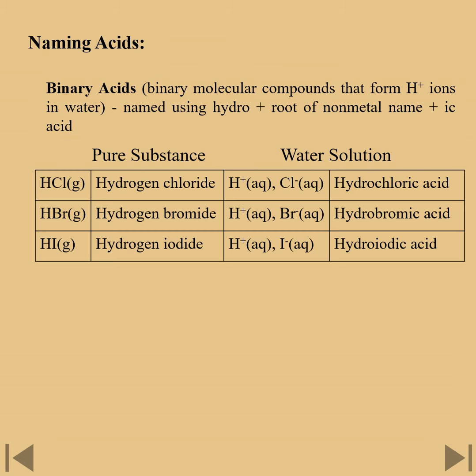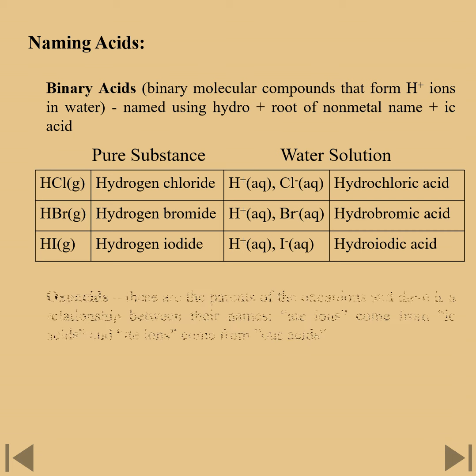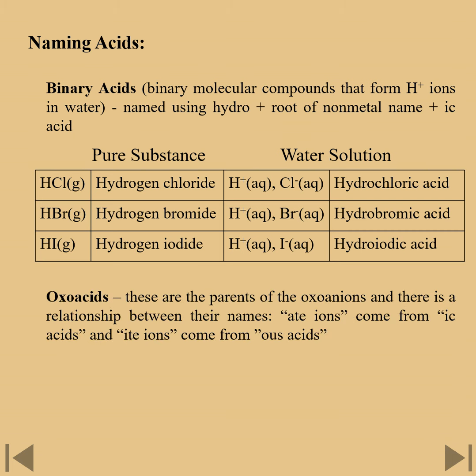Then we have oxoacids, and these are the parents of the oxoanions. There's a relationship between their names. Those ate ions come from a parent ic acid, and the ite ions come from a parent ous acid. So we simply need to remember ate ions come from ic acids and ite ions come from ous acids.